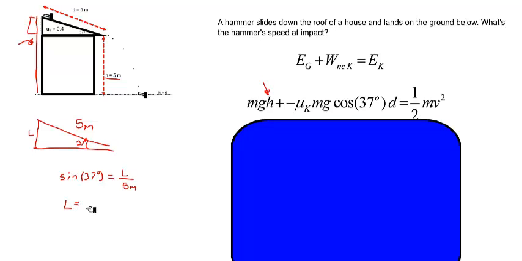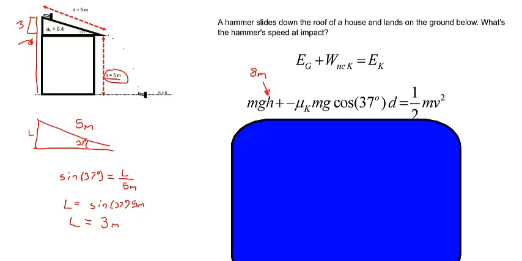So L must equal sine 37 times 5. And this is a 3, 4, 5 triangle, so that's 3 meters. And with a little bit of rounding, this is not the exact angle. So what is the actual distance? This actual distance is not 5, it's not 3, it's 8. It's the total distance off the ground. This being 3, this being 5.